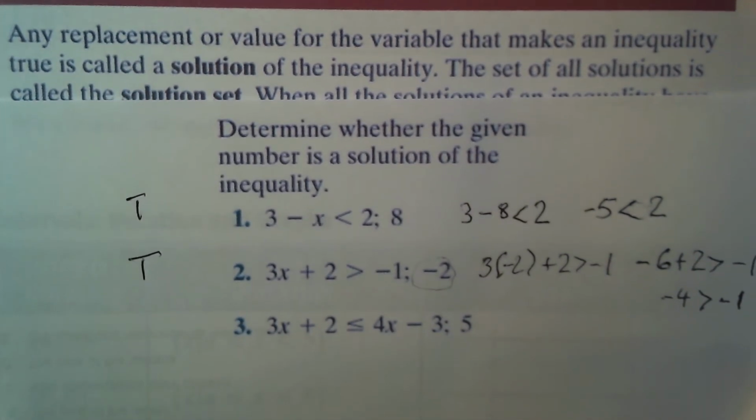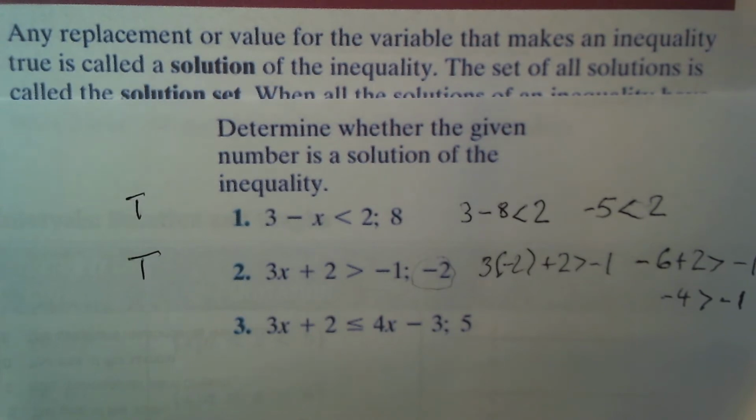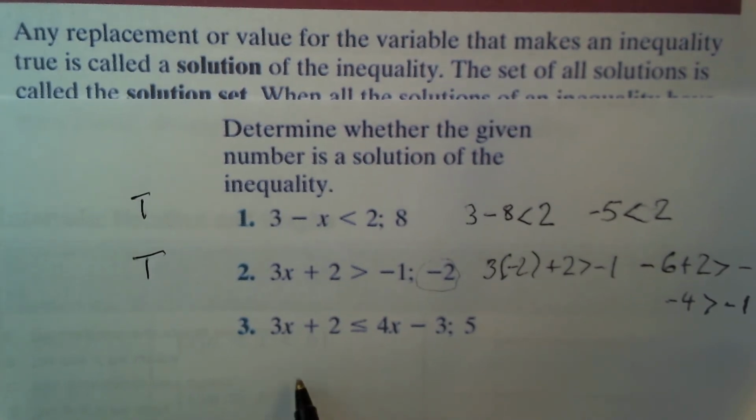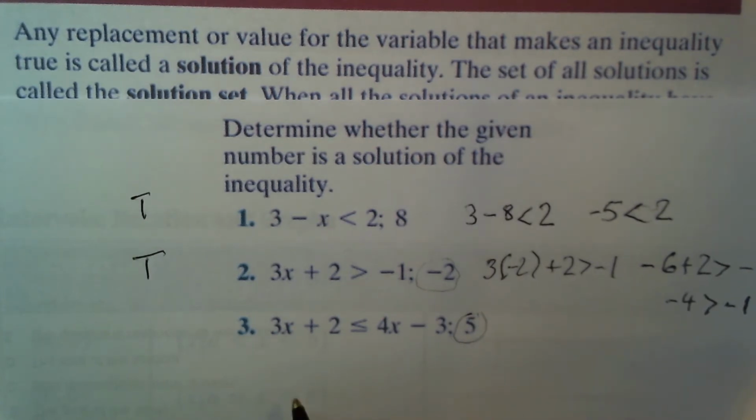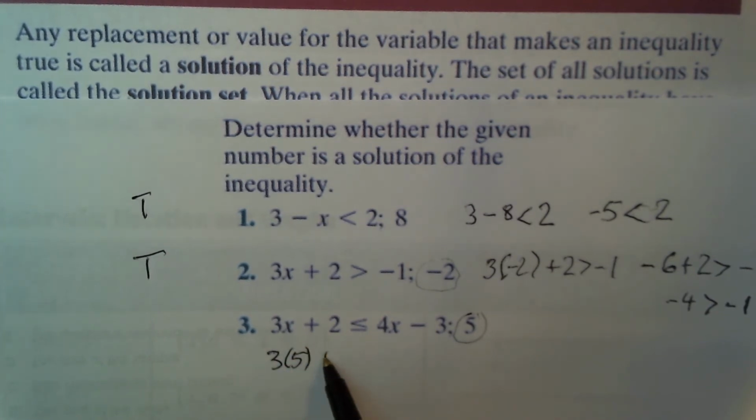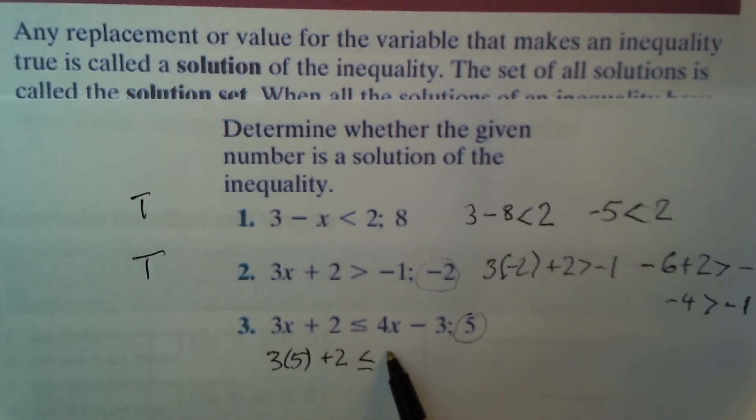And then the last one, here we have 3x plus 2 is less than or equal to 4x minus 3. And we are supposed to replace x with the number 5. So that means 3 times 5 plus 2 less than or equal to 4 times 5 minus 3.